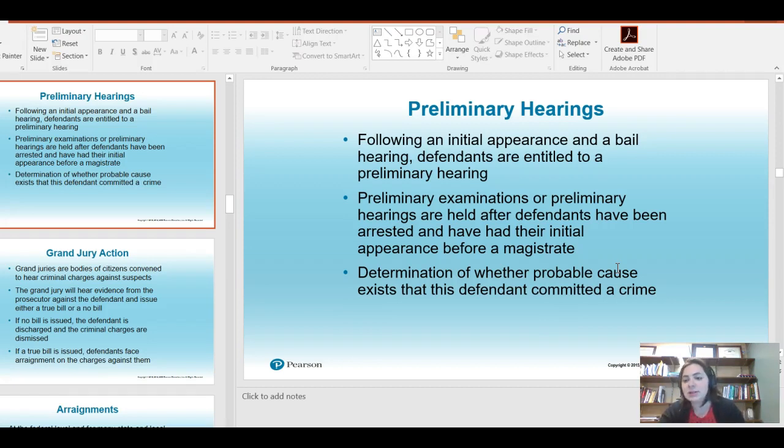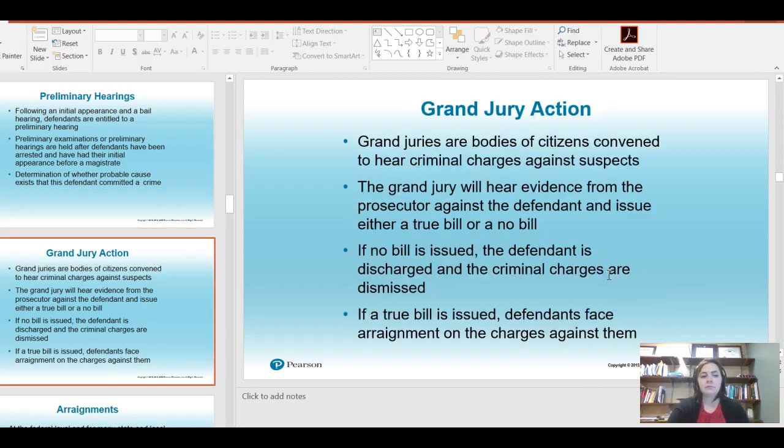So when the prosecutor issues the charges themselves, the magistrate or judge will determine if probable cause exists. If probable cause is lacking, the case will stop. Okay? And on the federal level, we will have the grand jury who will issue either a true bill or no bill. If a true bill is issued, the defendant will move on to the arraignment.